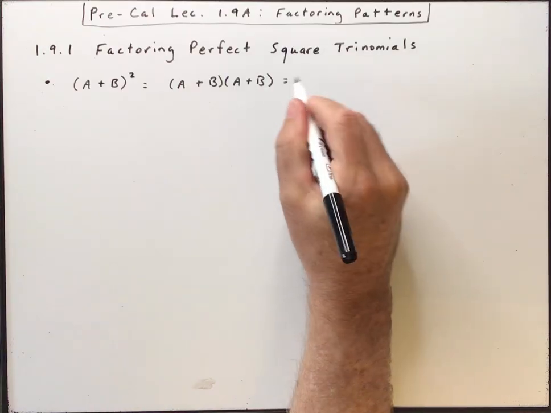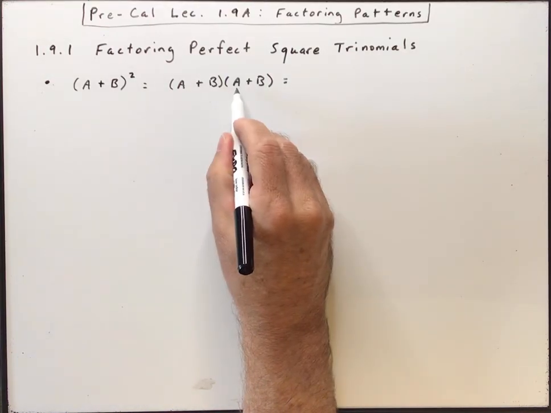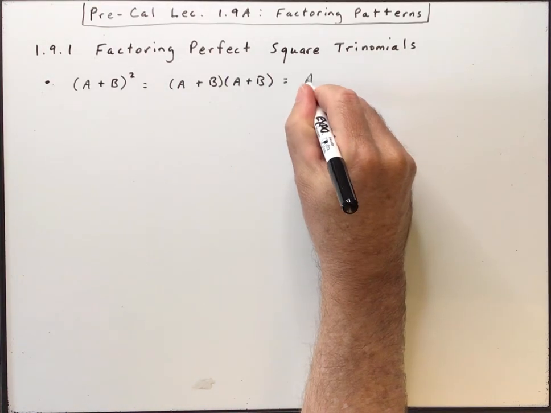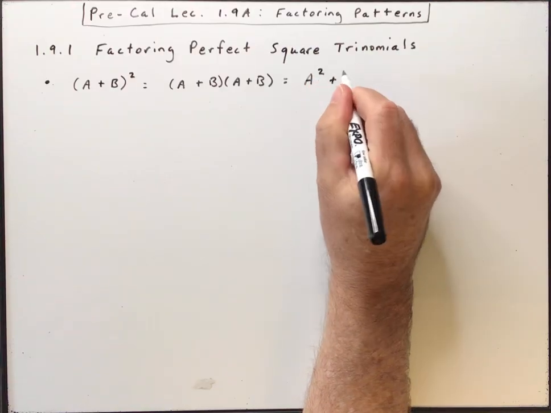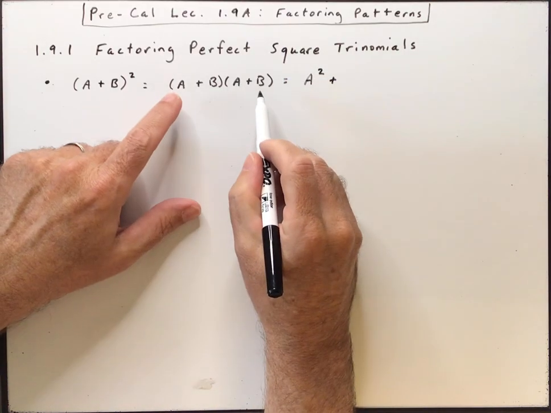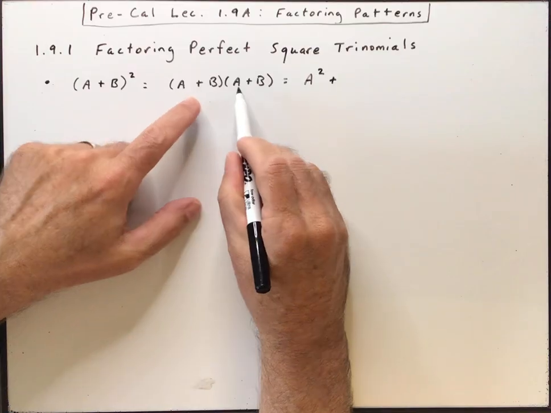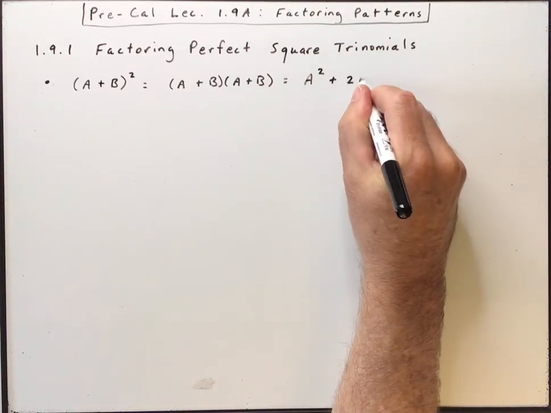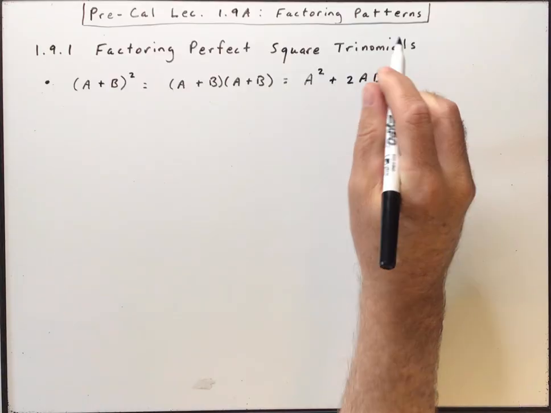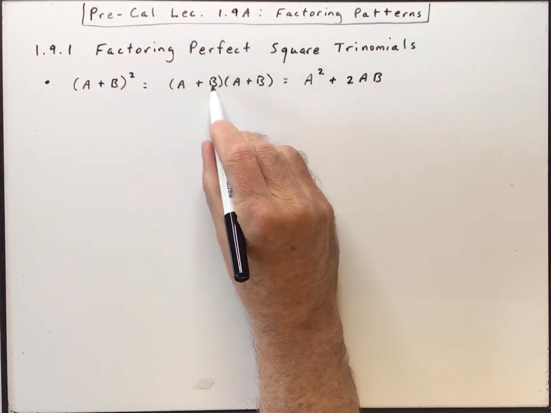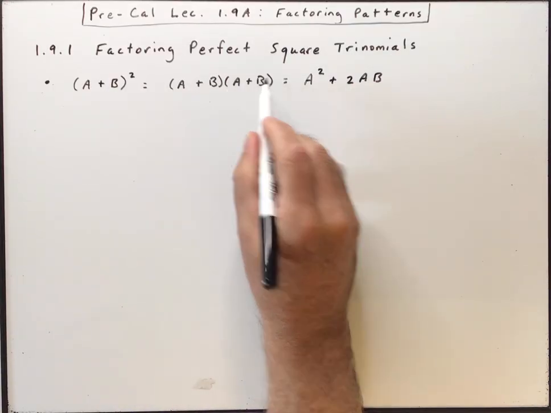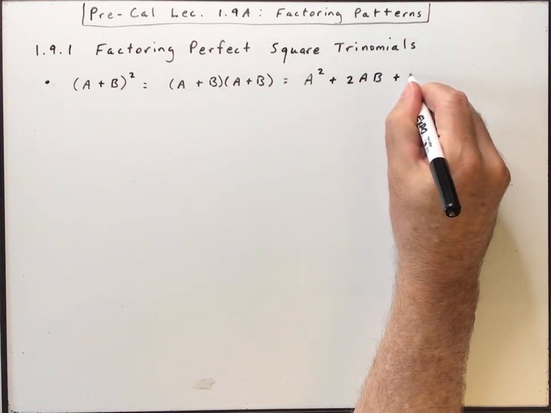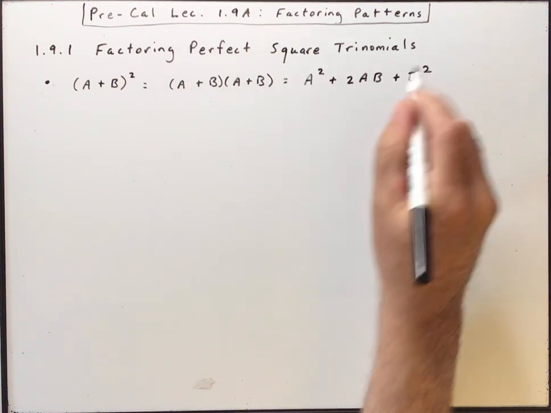If we FOIL that, we would have a times a, so that's a squared, plus ab plus another a times b, so that's plus 2ab, and then finally plus the last, b times b, is b squared. So we're just FOILing that out.